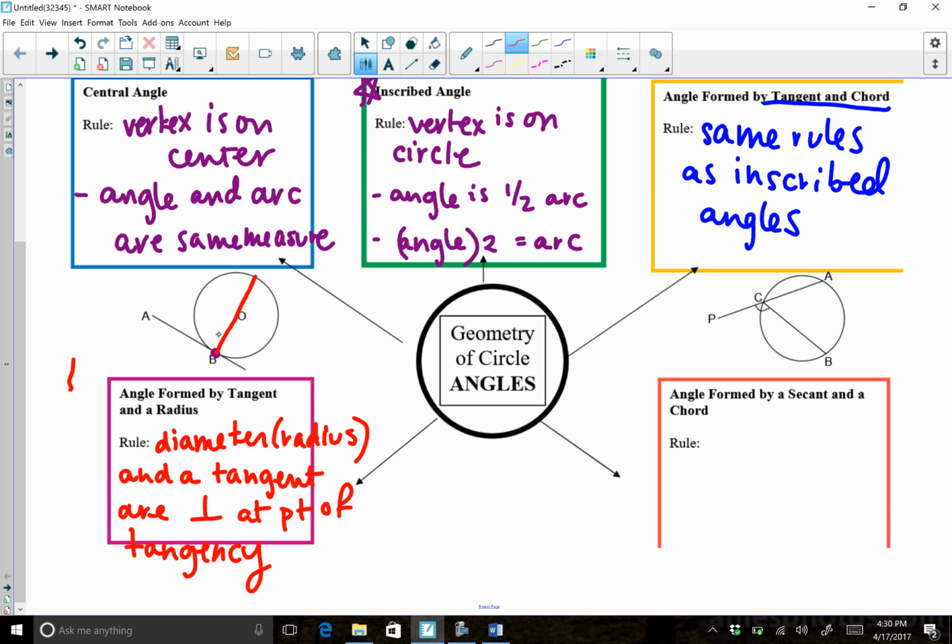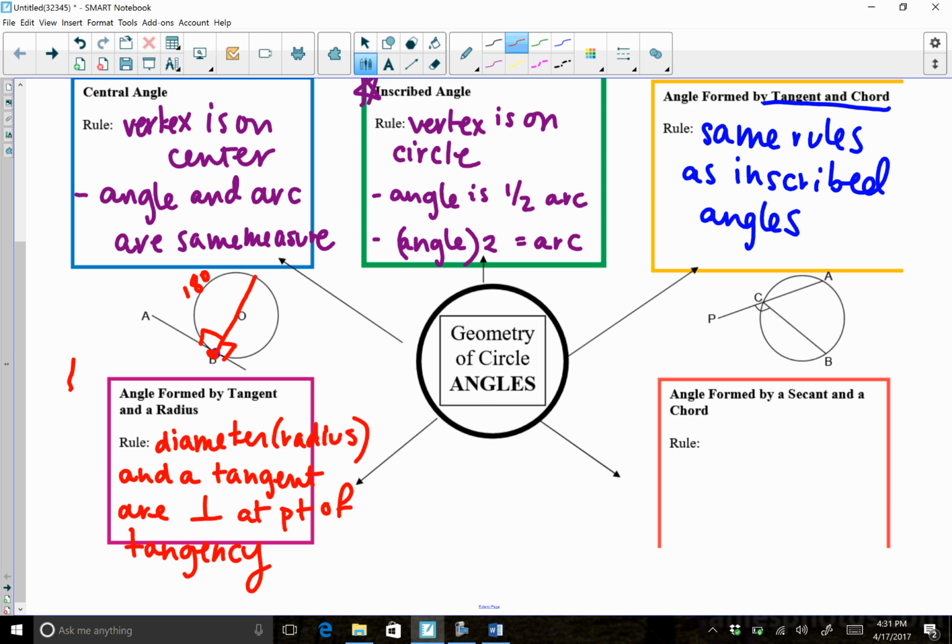What that means is right here where the diameter or the radius and the tangent intersect each other, I have a right angle. That makes sense because the measure of this arc here is 180 degrees. So if this is just a special case of the inscribed angle, this would have to be 90. And if this is 90, it's 90 on the other side as well.